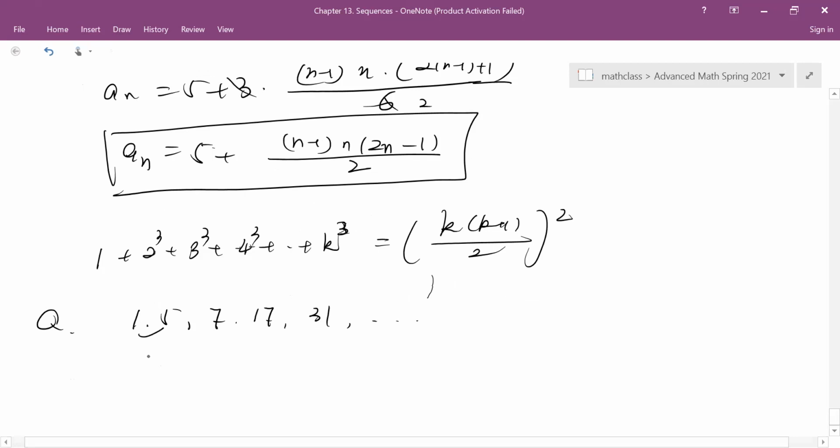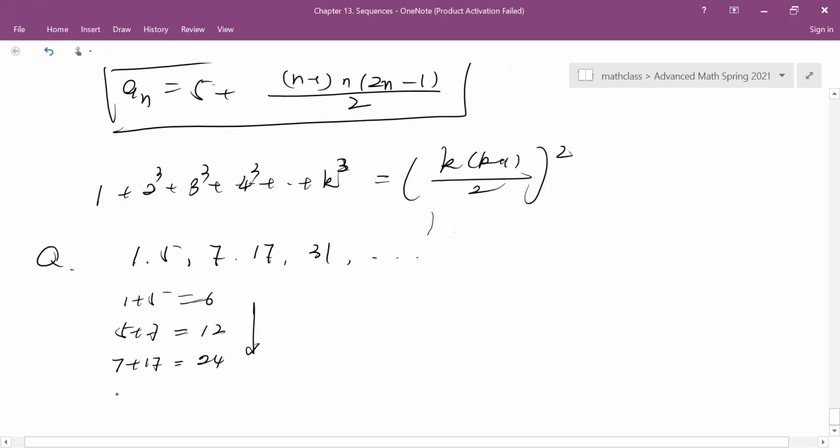So instead of taking the difference, you have to add them together. Then you see the pattern, like 7 plus 17 is 24, and then this sequence has a pattern. 17 plus 31 is 48. Then you can solve it.